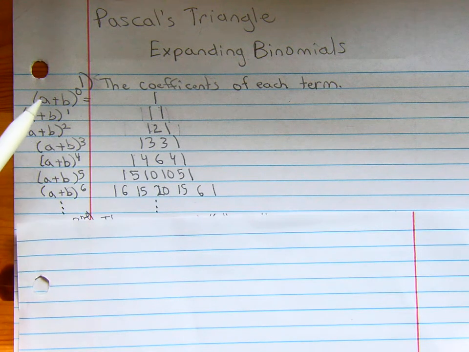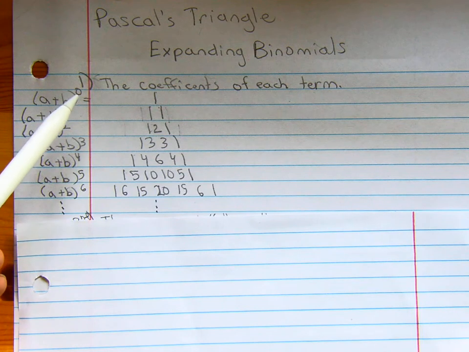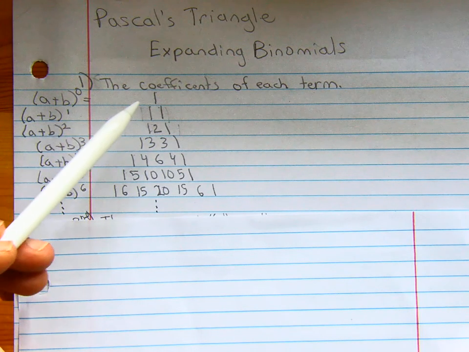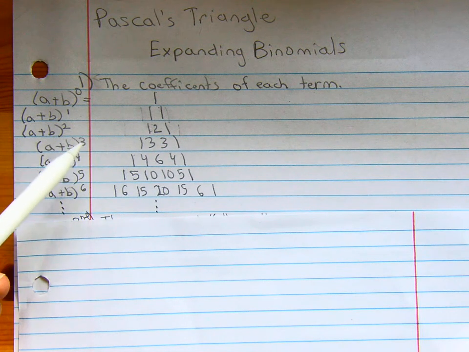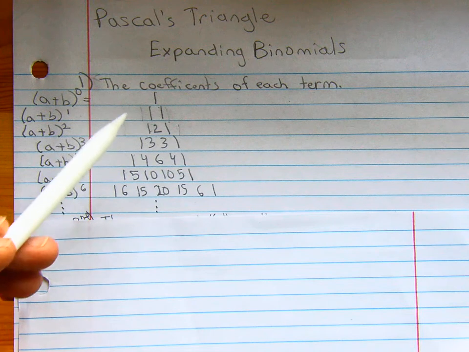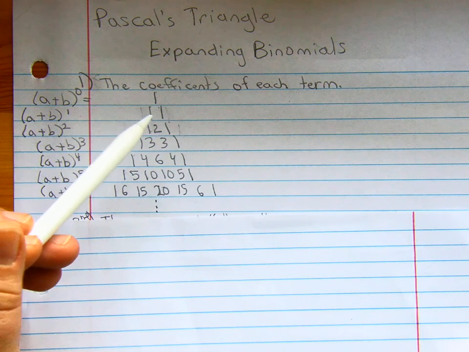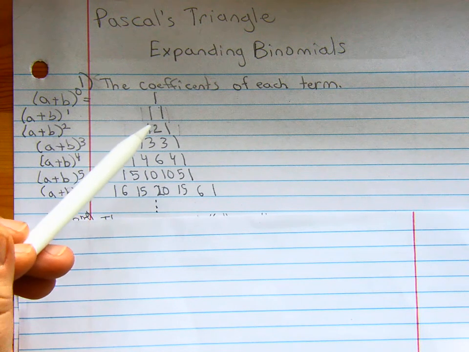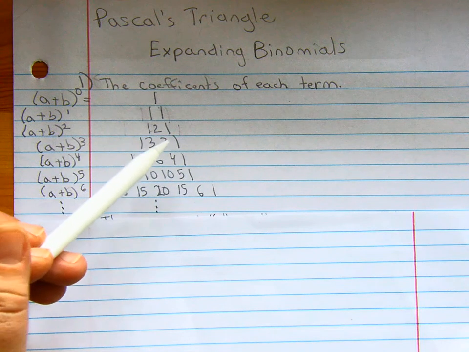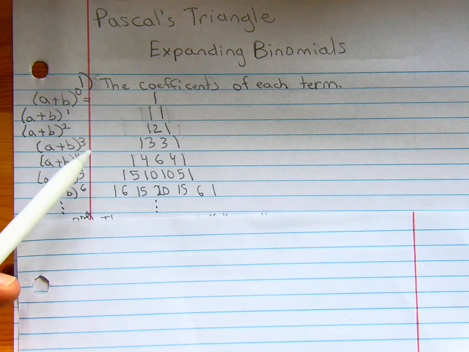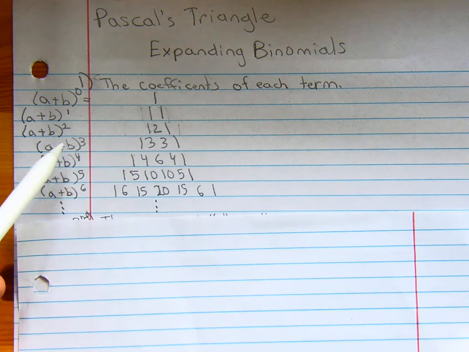But to be able to explain this, basically this says that anything raised to the power of 0 is going to automatically give you the number 1 regardless. From there, as the exponents increase and change, this allows you to identify what the coefficients will be for each term when you went and multiplied, aka expanded, this binomial out.